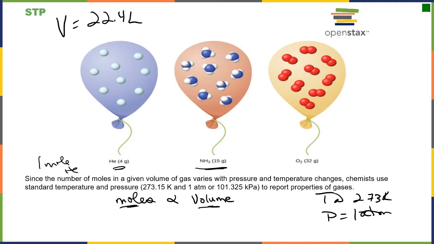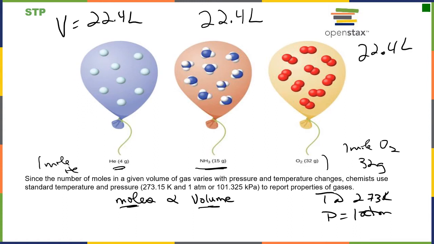If I have 1 mole of ammonia, which weighs 15 grams, it's going to have a volume of 22.4 liters. Why? Molar mass is 15 grams per mole. If I have 1 mole of oxygen, which weighs 32 grams, it has a volume of 22 liters. So if we're using volumes in a reaction, we inherently know how many moles of our compound we're going to have at STP because we know that there are 22.4 liters per mole for any ideal gas at STP.